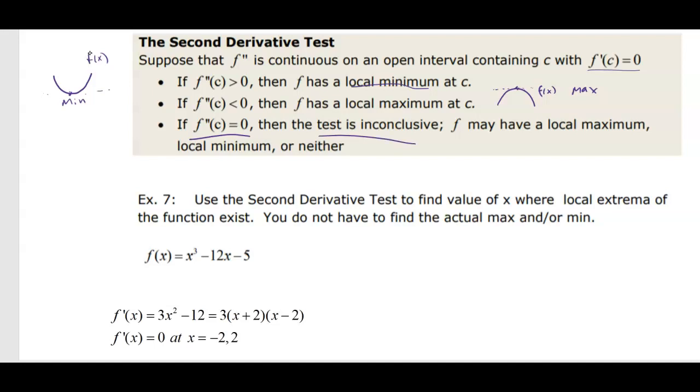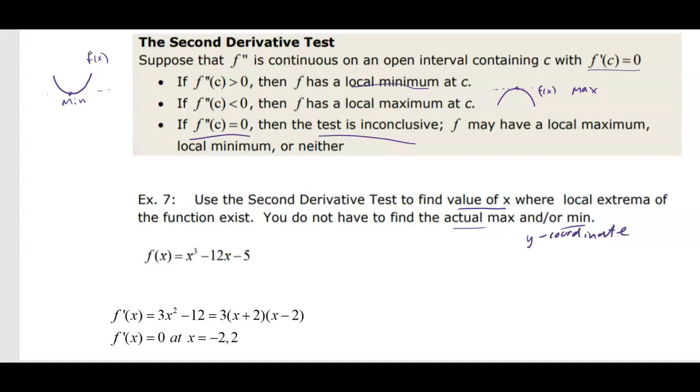Now, in example 7, in your guided notes, we're supposed to use the second derivative test to find the value of x where local extrema, meaning a minimum or a maximum of the function, exist. You don't have to find the actual maximum, and that would be the y coordinate, and you find that by going back into the original function.